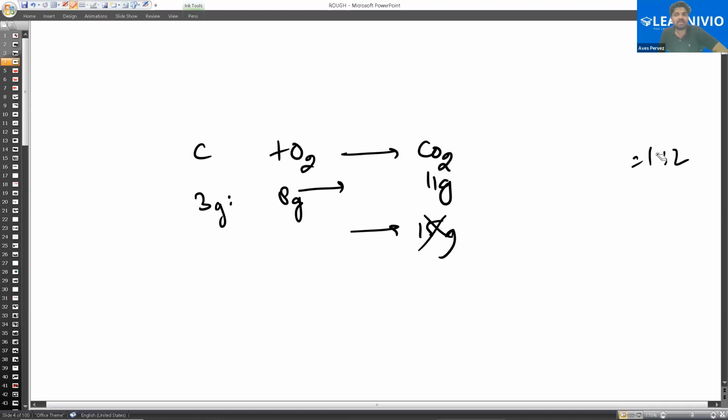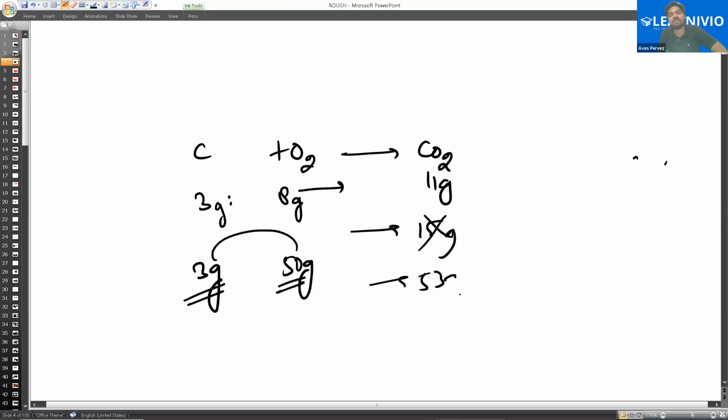It does not mean that if you take 3 grams of carbon and 50 grams of oxygen and react them, they will give you 53 grams of carbon dioxide. No. 3 grams of carbon requires only 8 grams of oxygen.